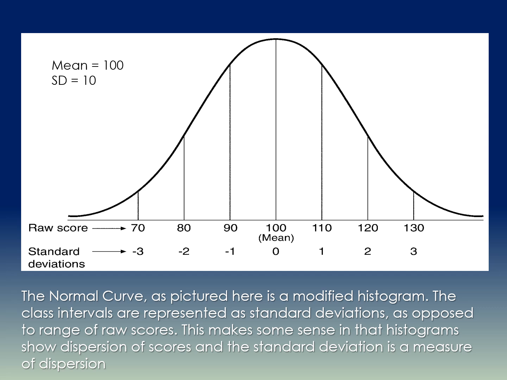So if you notice here on this normal curve histogram, I'm not going to call it a histogram anymore, but here it is, you will see that we've got two things here. We've got the raw scores that are set, okay, and down below it you have the standard deviations. If you look up into the upper left-hand corner, you'll see that with this particular data set, the mean was 100 and the standard deviation was 10.